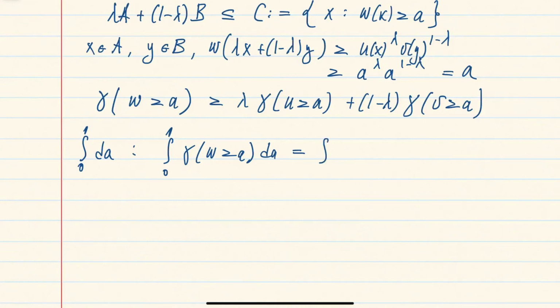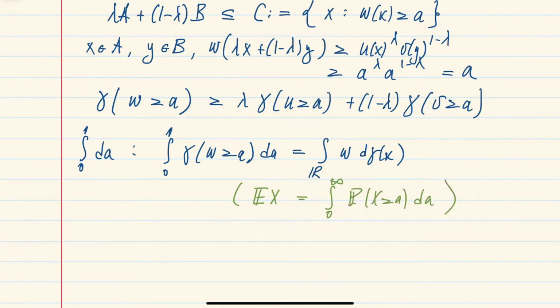So this is the same as the integral on the real line of the function w with respect to the Lebesgue measure. Okay, this is exactly the same observation as we always use, that the expectation of a non-negative random variable can be written as an integral of its tail. Only in this case the measure is the Lebesgue measure and the random variable is this function w.